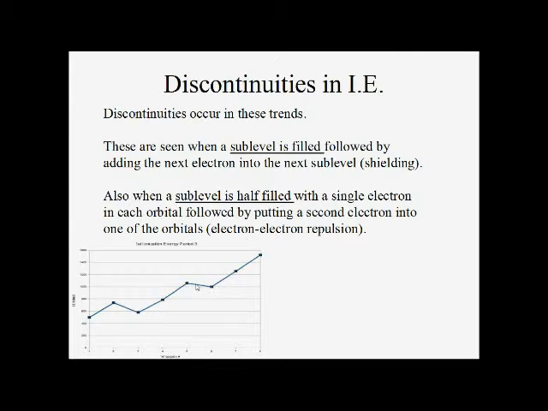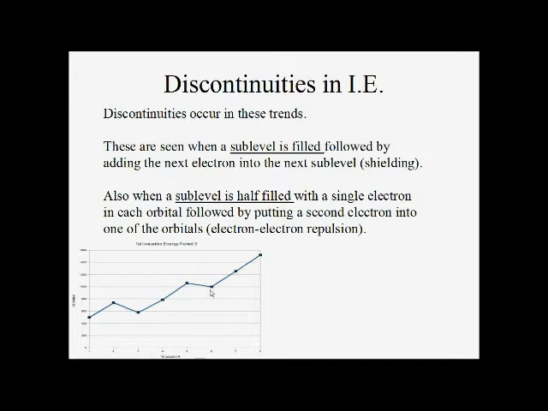But we haven't completed the P sublevel, so we put in our first P, second, third, fourth, fifth, sixth. Our discontinuity occurs after we put in our third electron into the P sublevel. That is when we have 1 electron in each orbital, all the spins parallel, spin up, with 1 electron in each orbital.